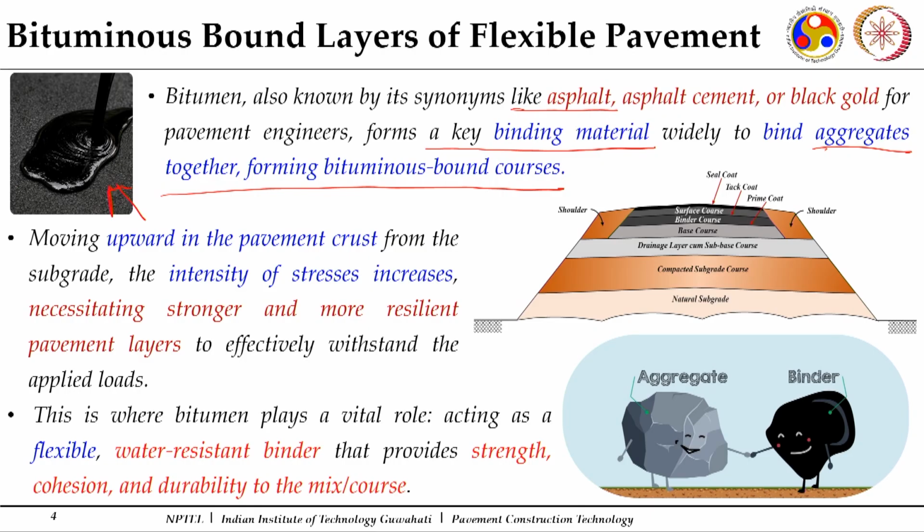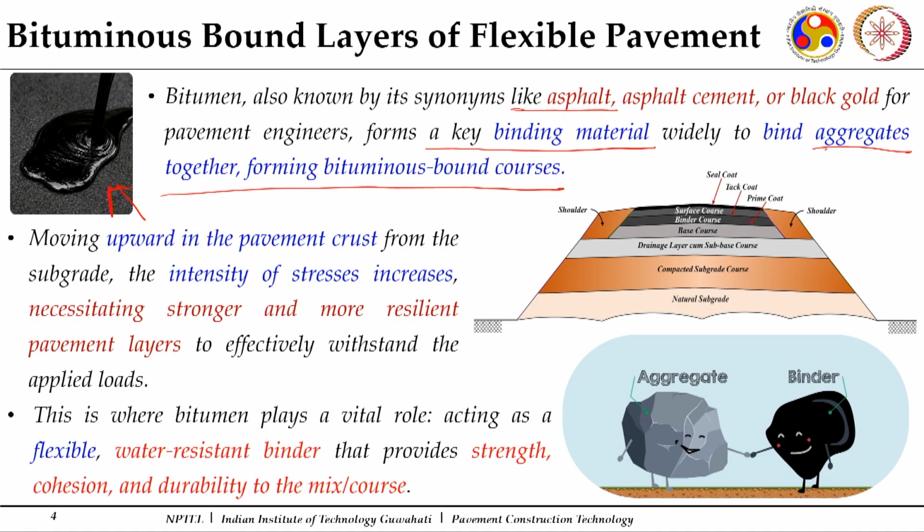Now, most of the aggregates have a very good bonding with bitumen. So this is one additional advantage, that throughout the globe bitumen has been very popular for use as a binding material with different kinds of aggregates.